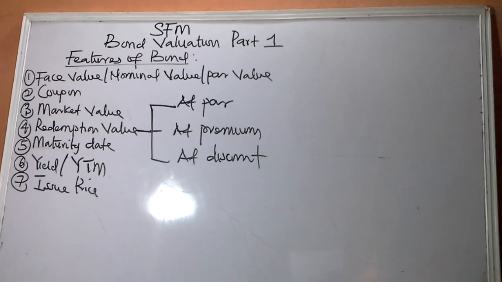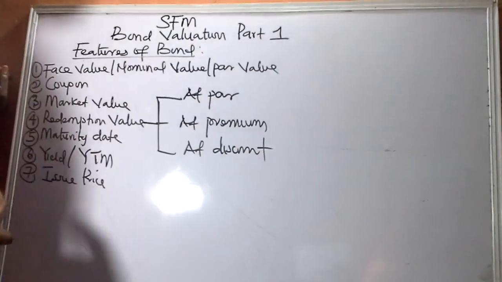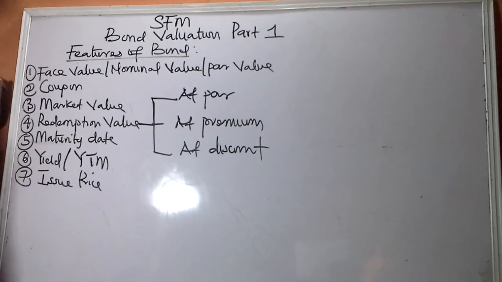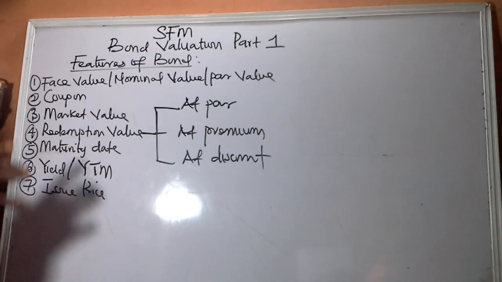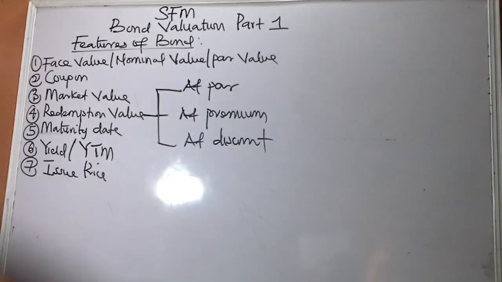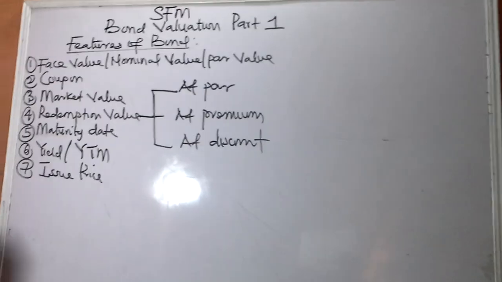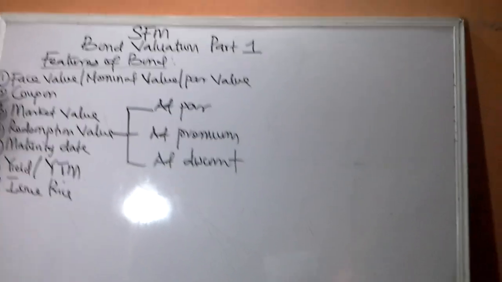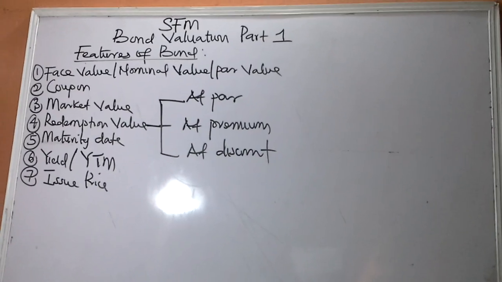It could be 5%, it could be 4%. That is the return on the bond to the bond holder. But to the bond issuer, that yield is a cost. It is a cost to the company that issues the bond, but a return to the bond holder.